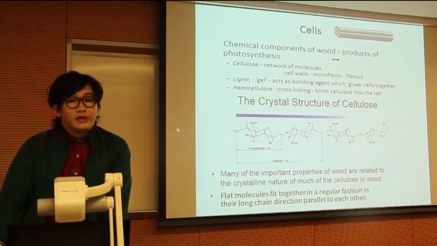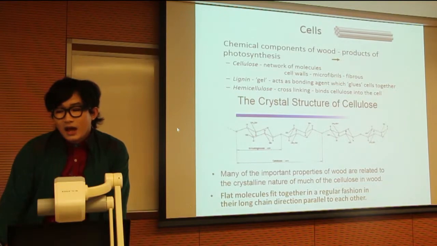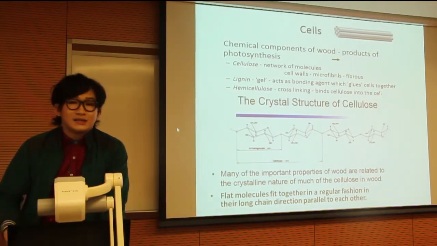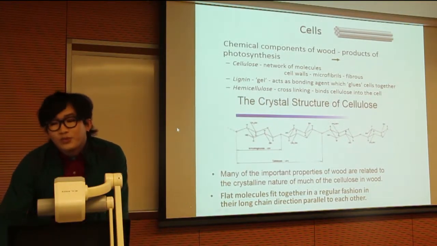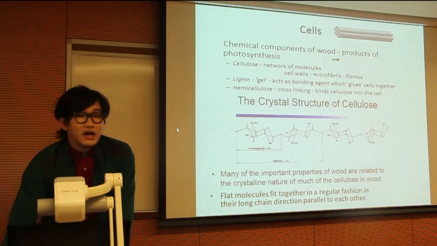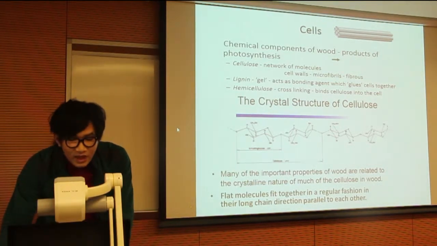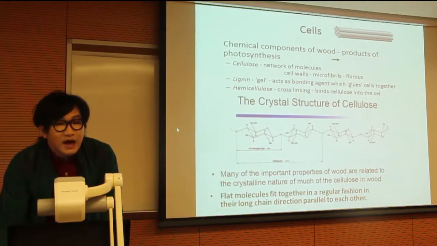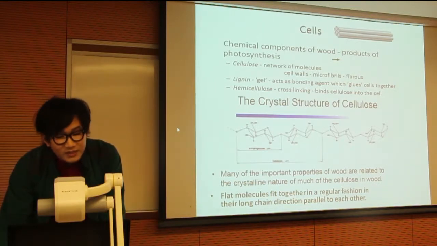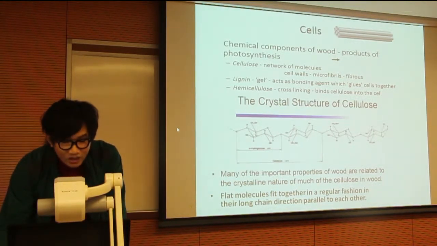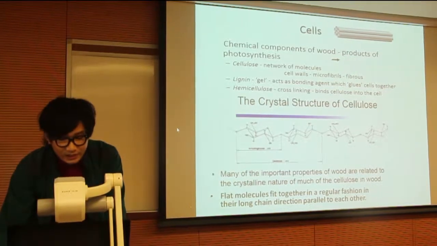So we should note that the lignin, which is like a gel, will act as a bonding agent which glues the cells together. Now we move on to the crystal structure of the cellulose. Many of the important properties of timber are related to the crystalline nature of much of the cellulose in wood. 2 unit cells of the crystal structure of cellulose are shown at the right of the picture.